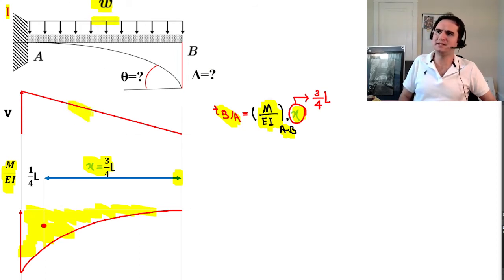which, if shear is constant, moment is linear, and M over EI is second degree.